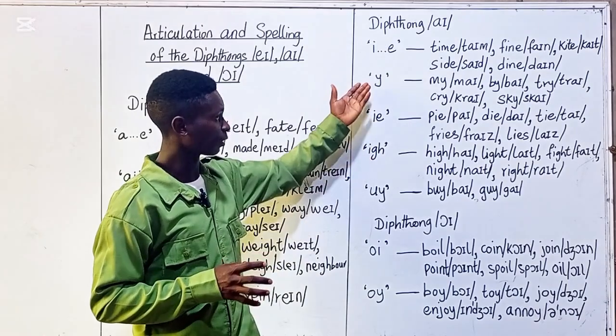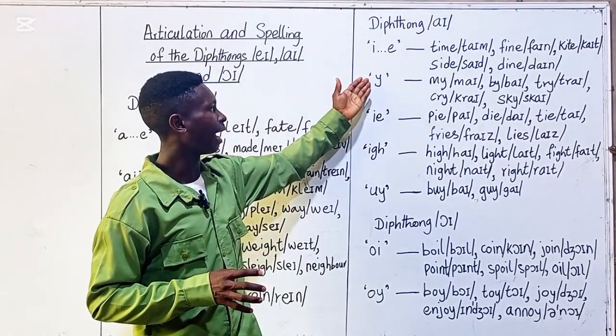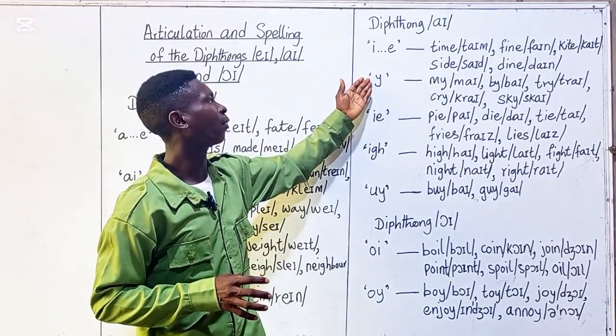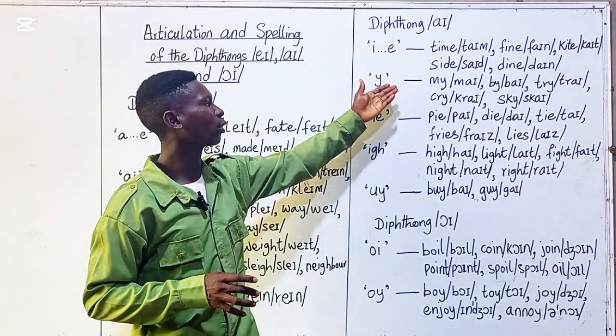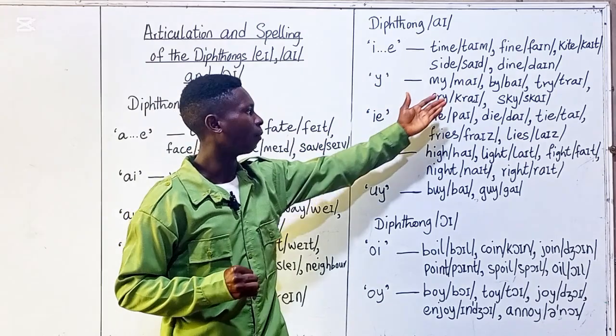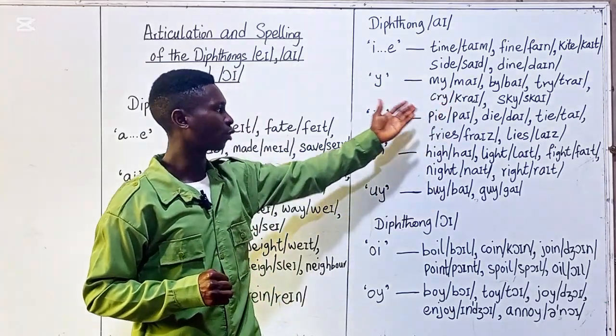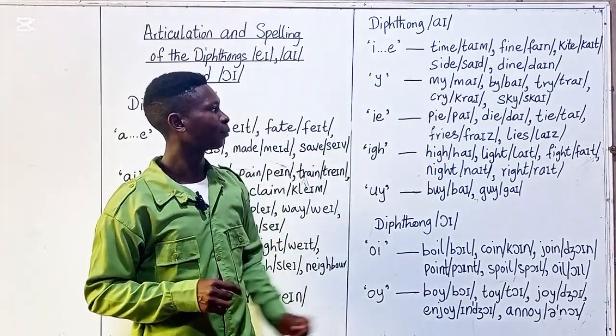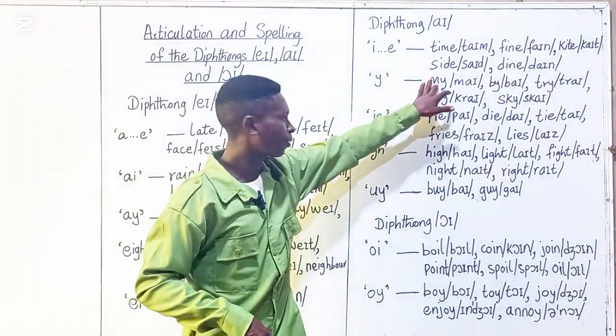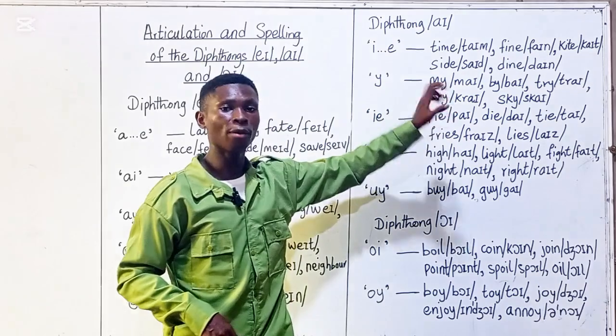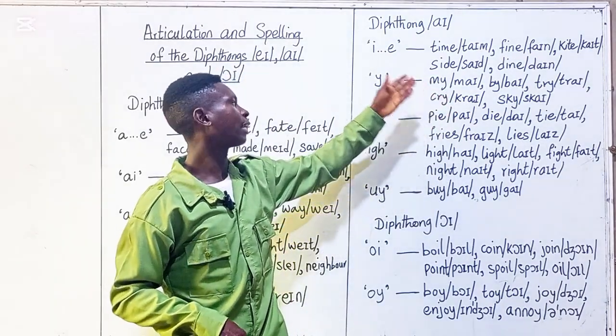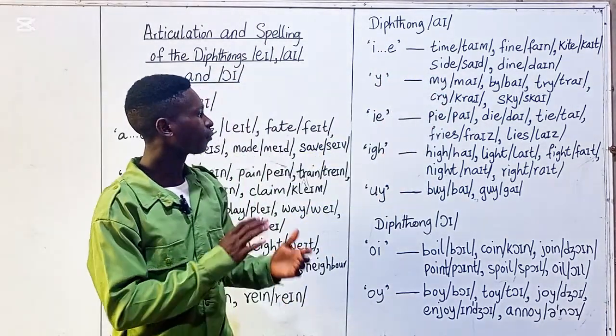So today we are considering letter Y as a grapheme for the I sound in words like my, buy, try, cry, and sky. So here letter Y represents a vowel sound and not a consonant sound.